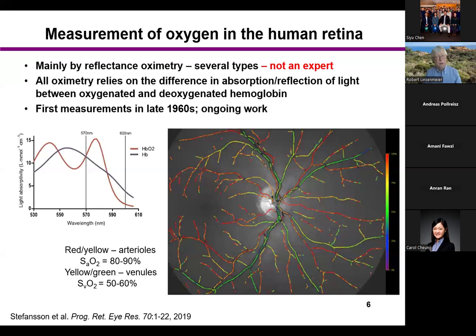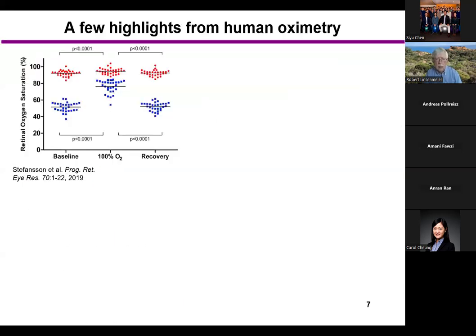The first measurements of this kind were done in the late 1960s, but people have worked on it ever since then. And it might seem relatively simple, but in fact, there's lots of complications to this method. And so it still requires ongoing work. There are just a few things that I can say to show how this has been used.